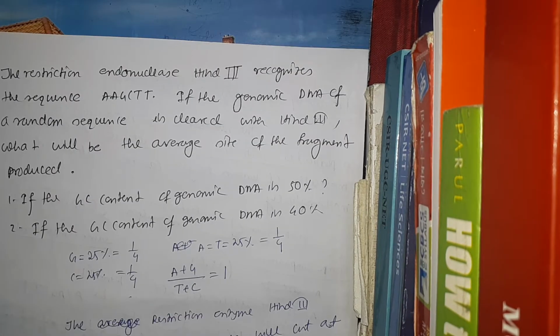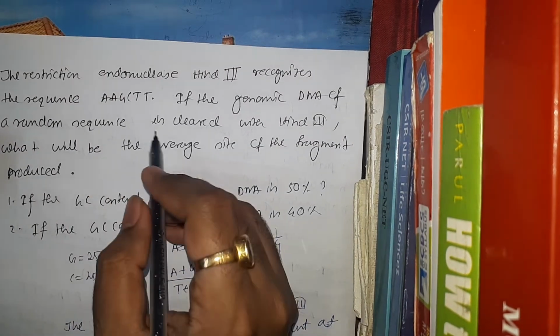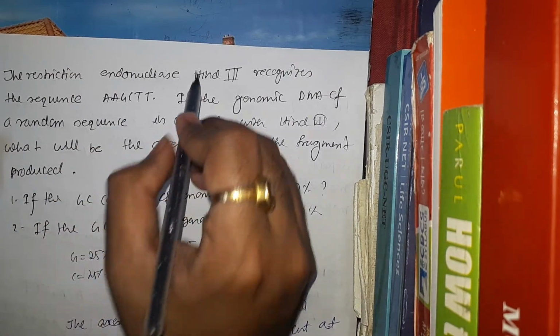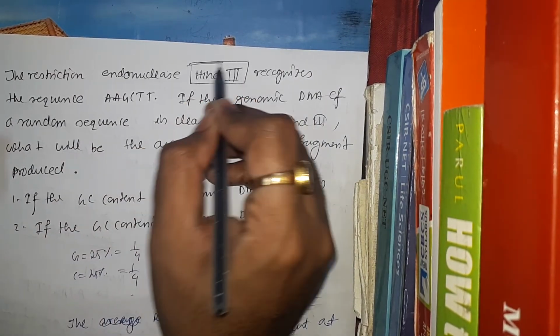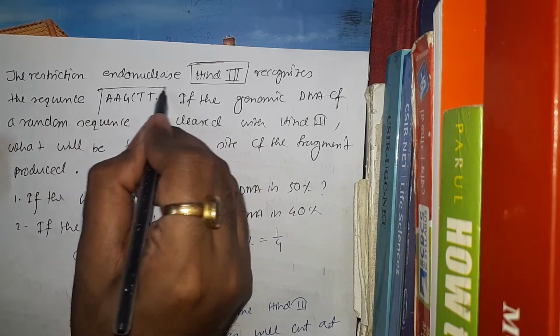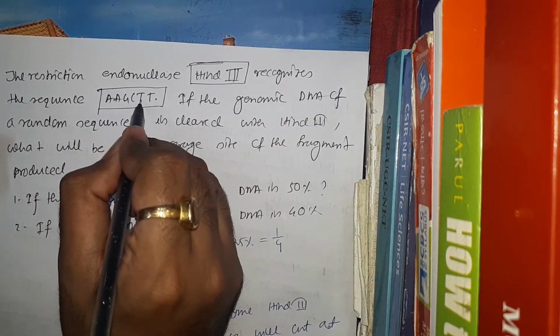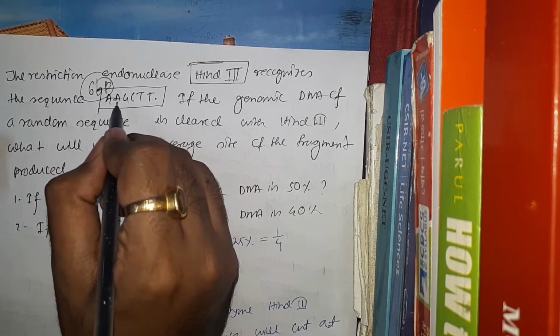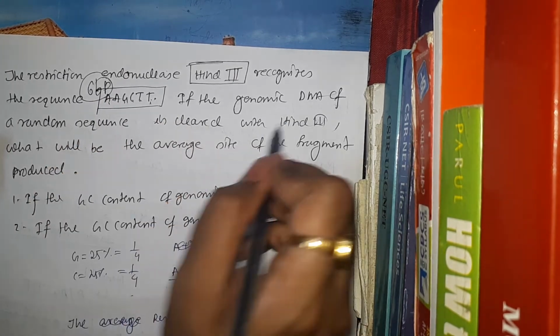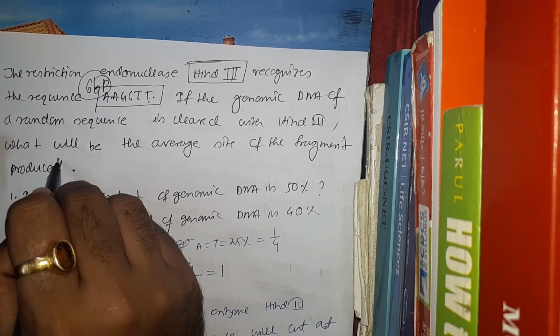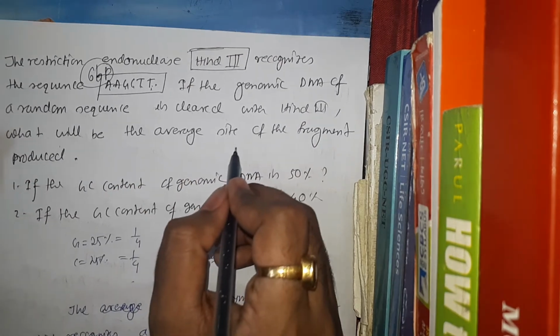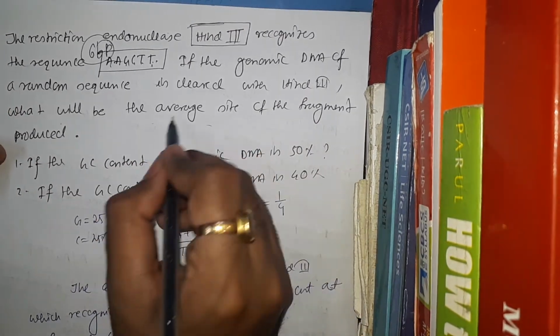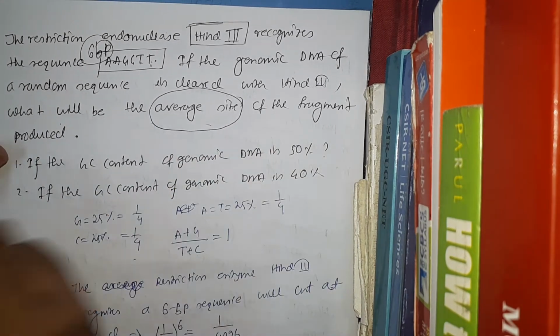So welcome again. Let's read the question first. The restriction endonuclease HindIII recognizes the sequence AAGCTT. This is a 6 base pair sequence, right? 1, 2, 3, 4, 5, 6. If the genomic DNA of a random sequence is cleaved with HindIII, what will be the average size of the fragment produced? They are asking about average size.